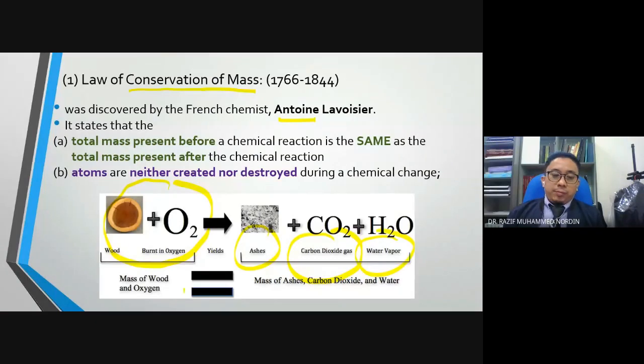The total mass of wood and oxygen is equal to the mass of ash plus carbon dioxide and water. Same thing like energy. Energy before must be equal to energy after. You use this formula for unit operations too. Mass balance is the same when doing balancing.